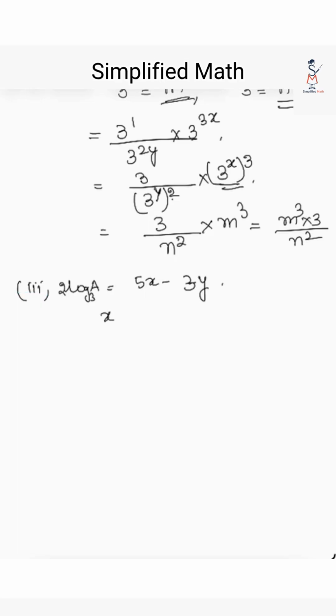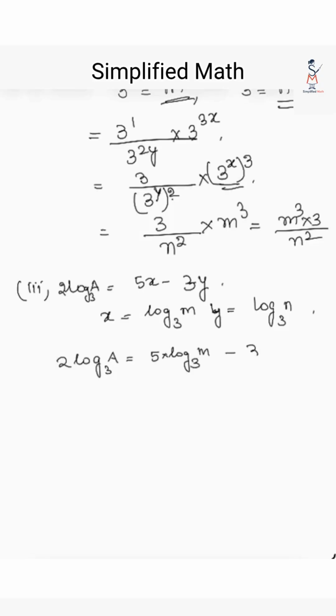Now x was given as log m to the base 3 and y was log n to the base 3. So let's substitute the value of x and y. This becomes 5 into log m to the base 3, and this becomes 3 log n to the base 3.